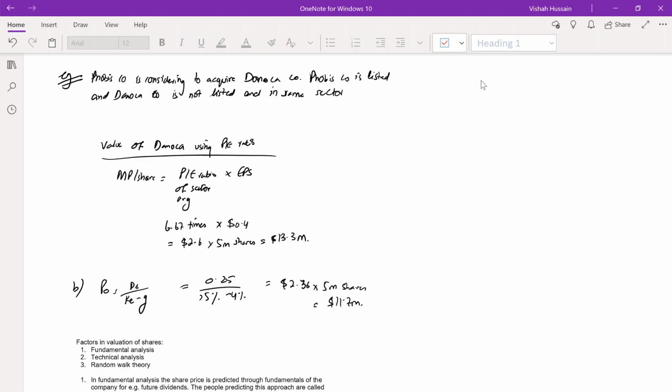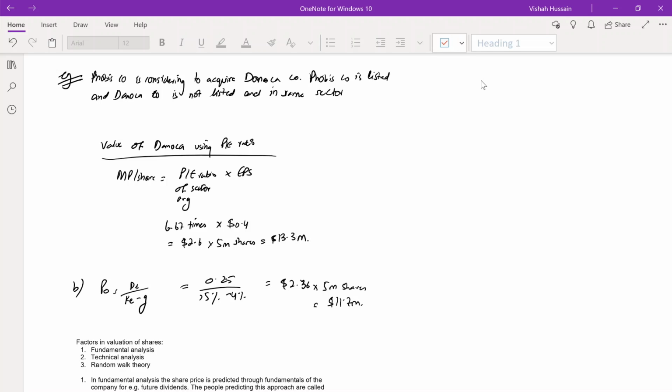So to compute the market price per share using the price to earnings ratio, considering the company as a listed one. So now that you have to consider it as an unlisted company, what you do, the price to earnings ratio of sector average was 10 in the question. You will reduce it to 2 over 3. This is going to give you 6.666 times.